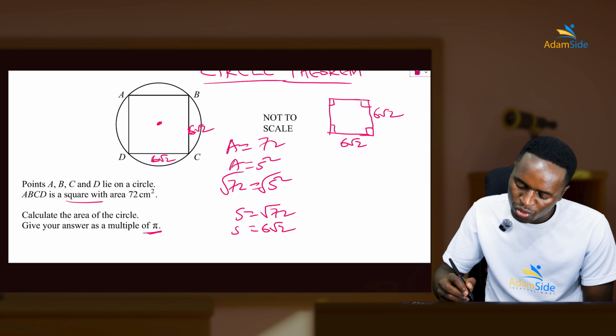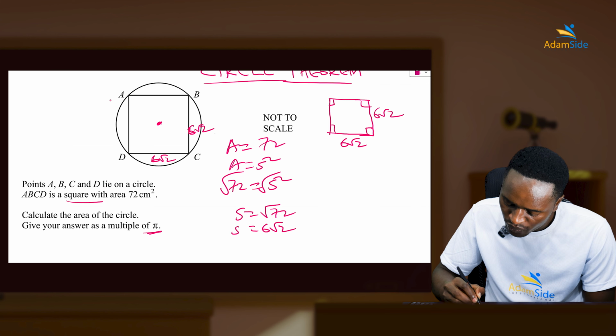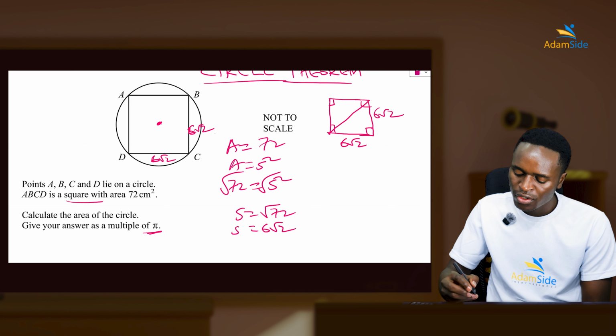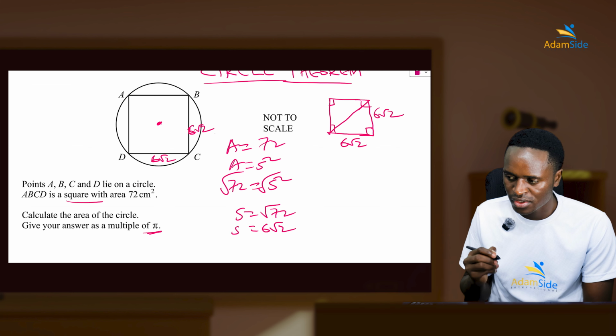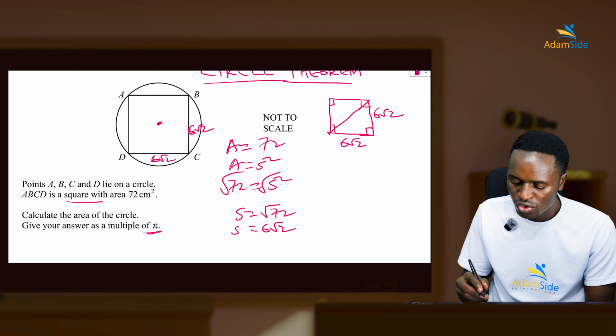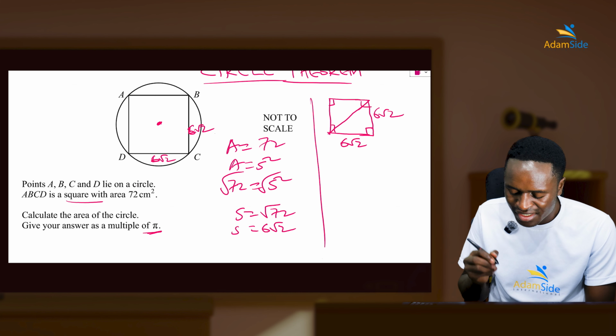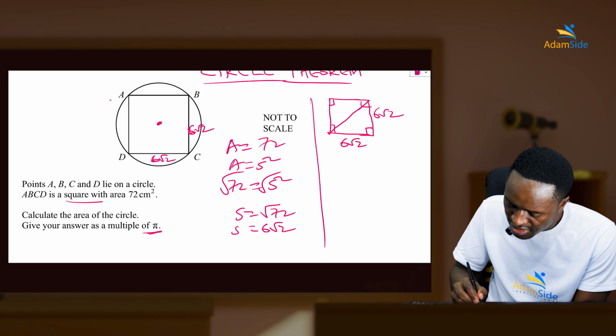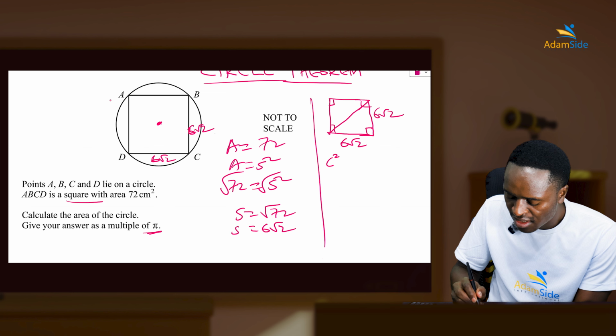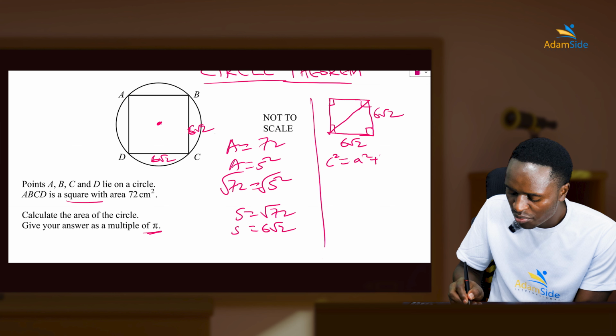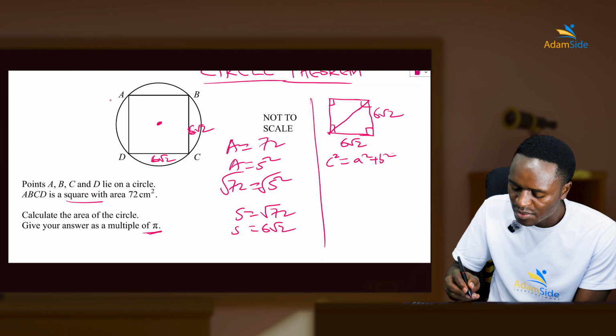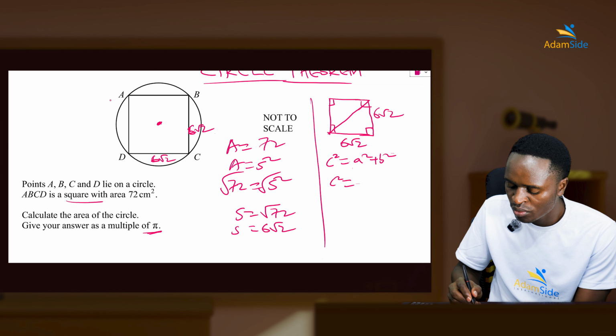How are we able to get the radius? Obviously, we know that we have diagonals. A diagonal here is the hypotenuse of a right angle triangle. So here we use the concept of Pythagoras theorem. To get the hypotenuse, c squared is equal to a squared plus b squared. So c squared, what will be our base?